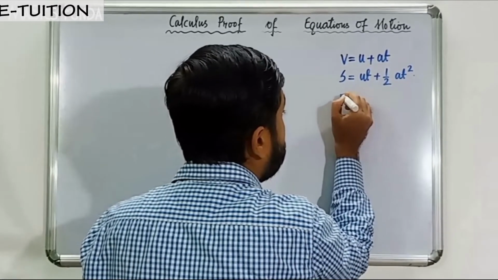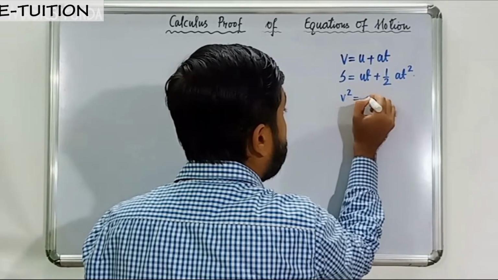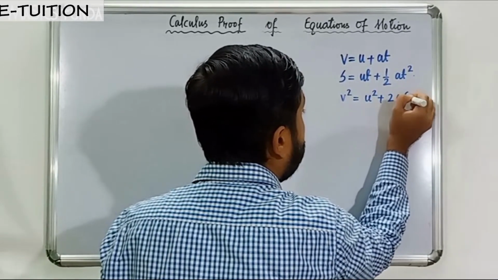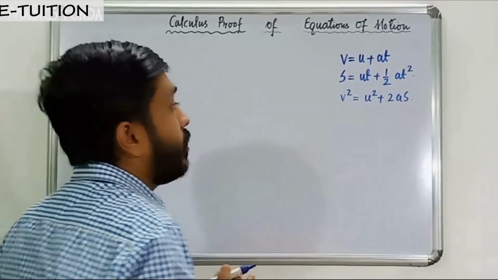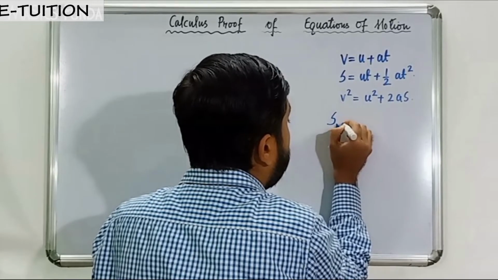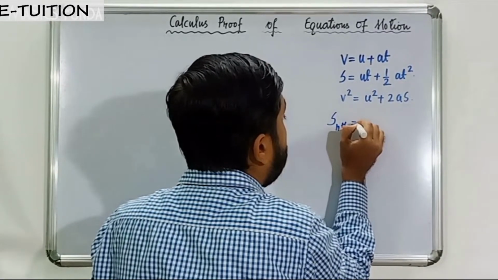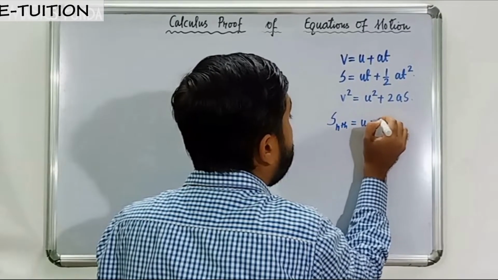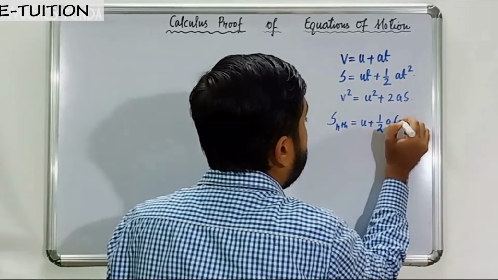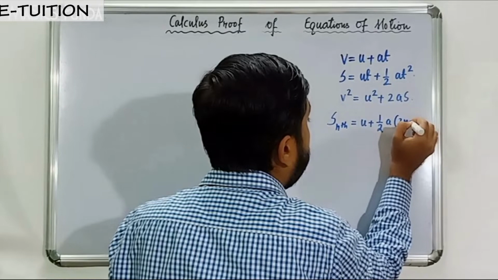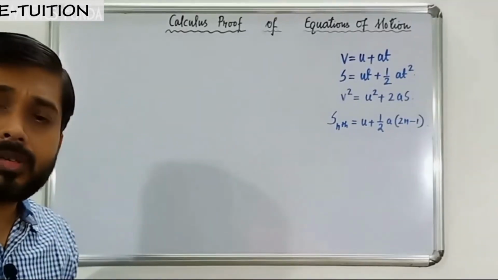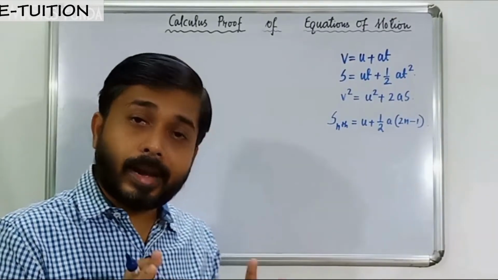The third one is v square equal to u square plus 2as. Another one is s nth equal to u plus half a all multiplied by 2n minus 1. So these are basically the equations of motion of a body moving under constant acceleration.